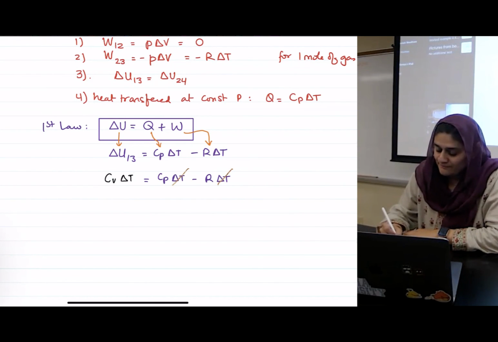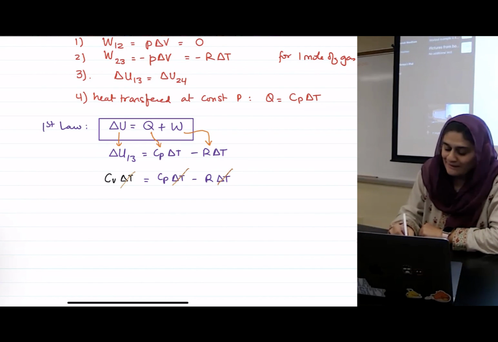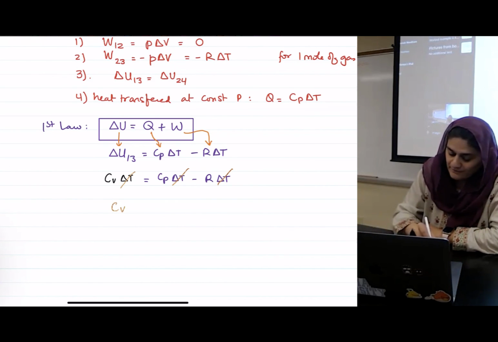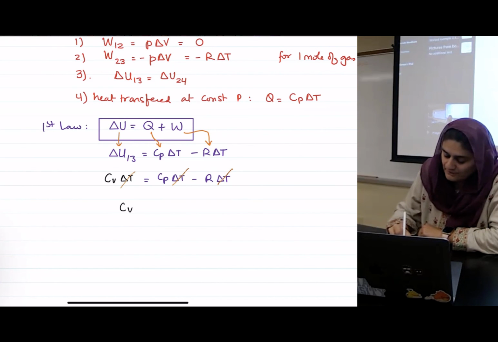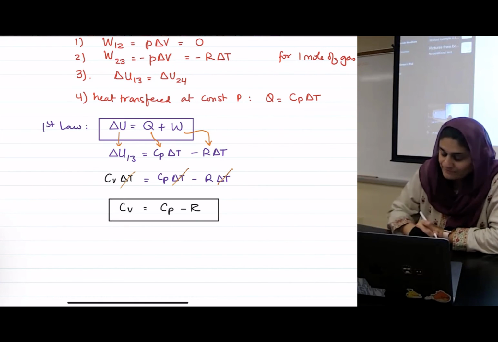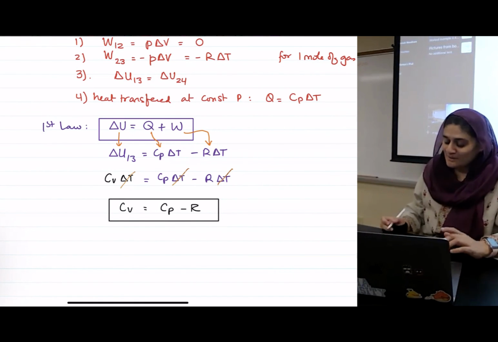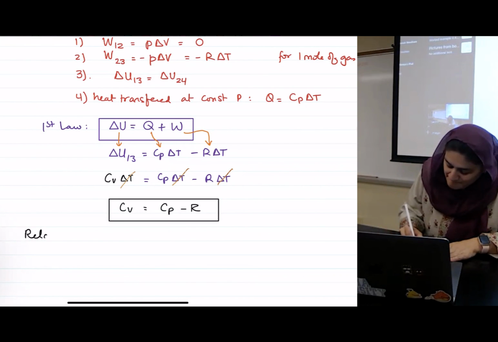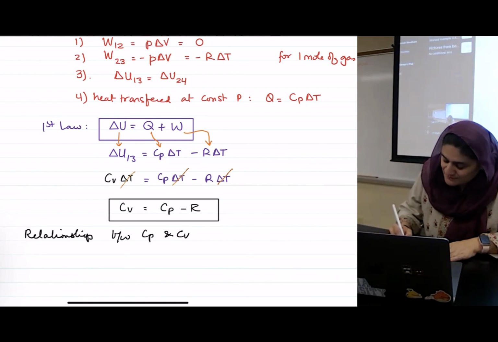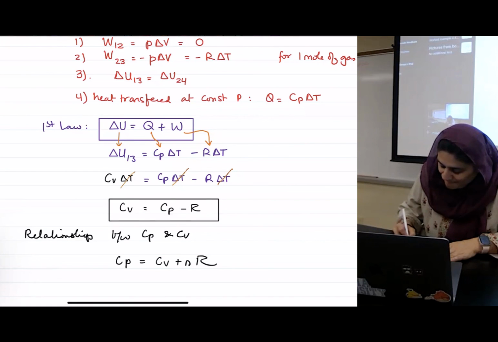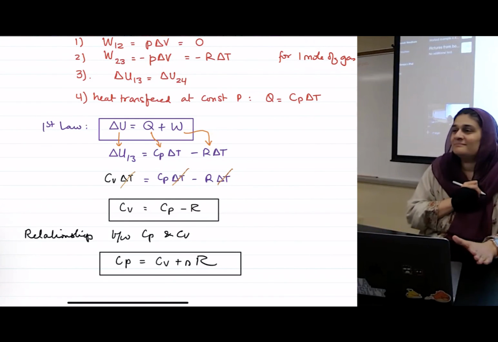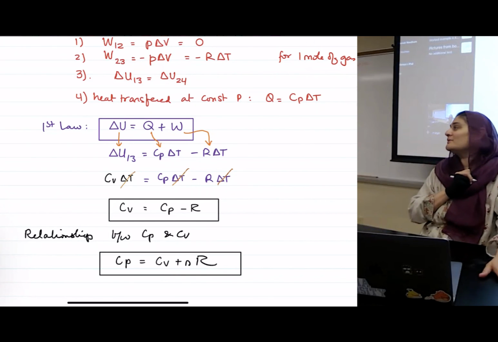May I get rid of them? What am I left with? Okay, so the relationship between Cp and Cv in most chemistry textbooks will be written as, drum roll, for any number of moles of any gas.